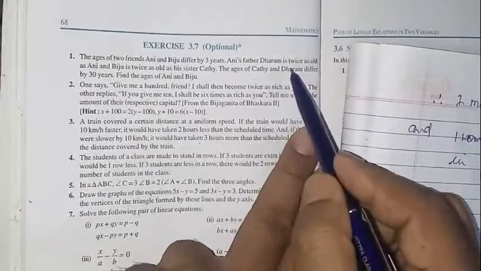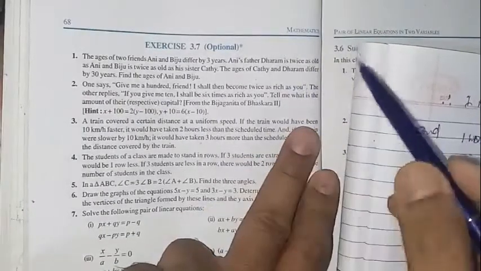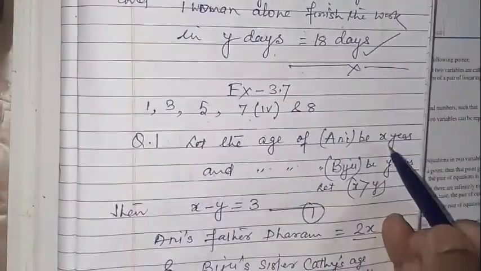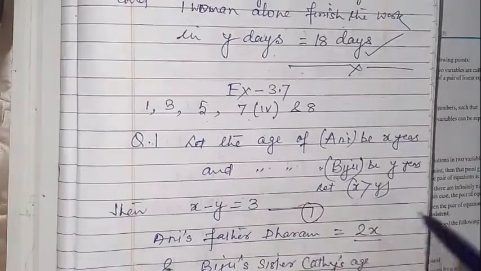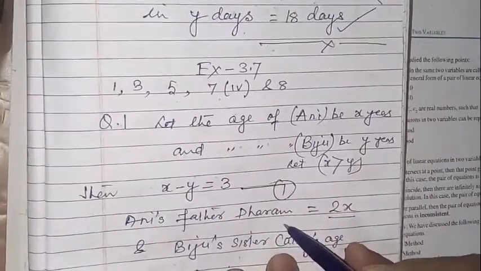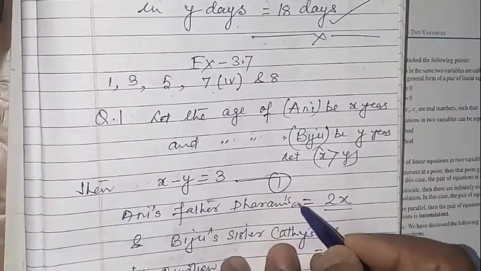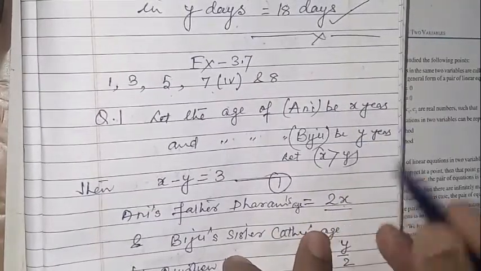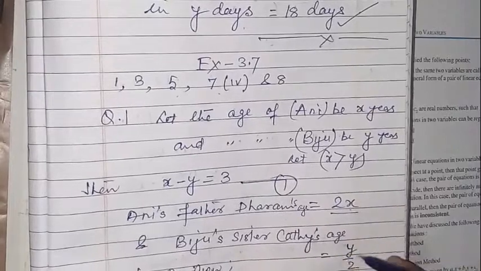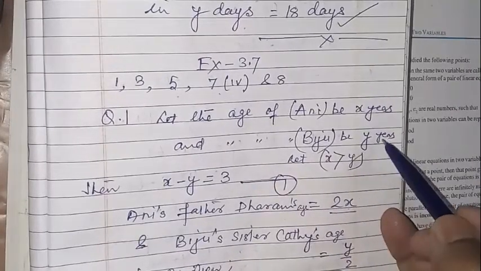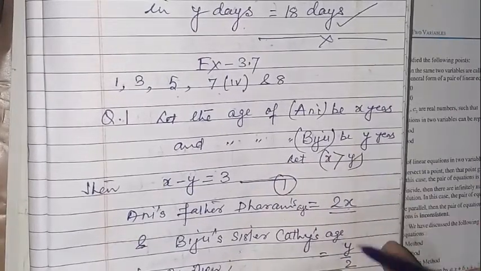Annie's father Dharam is twice as old as Annie. So Annie's age is x. Annie's father Dharam's age is equal to twice x. Biju's sister Kathy's age is equal to half of Biju's age, so y by 2.